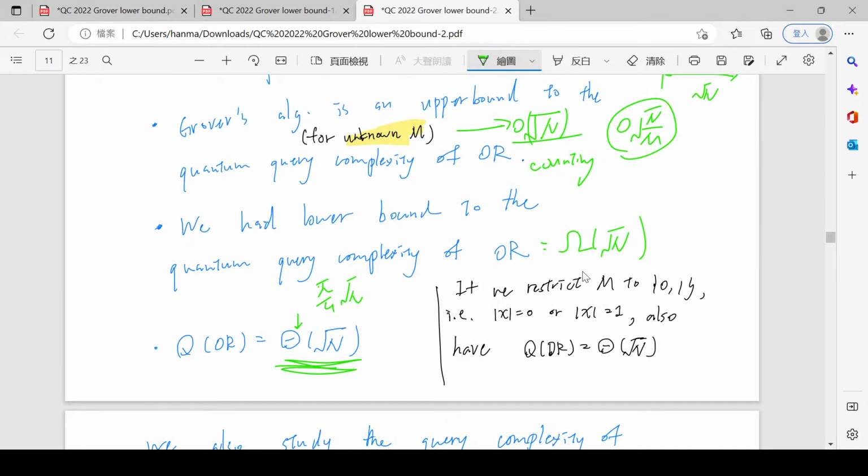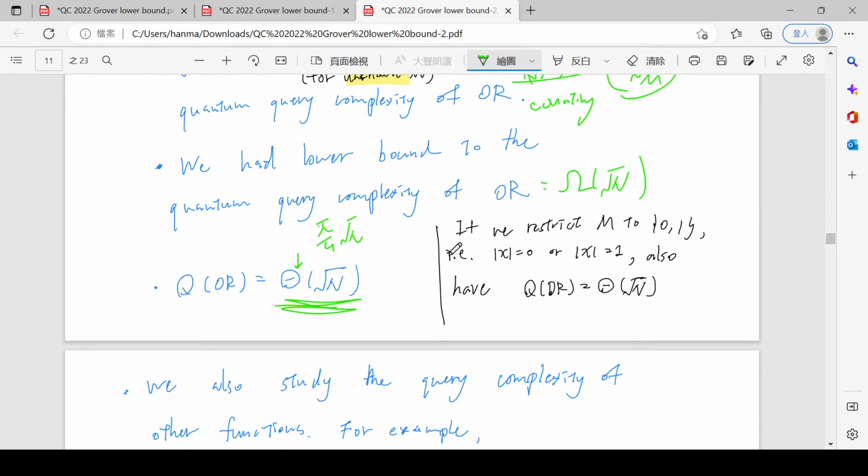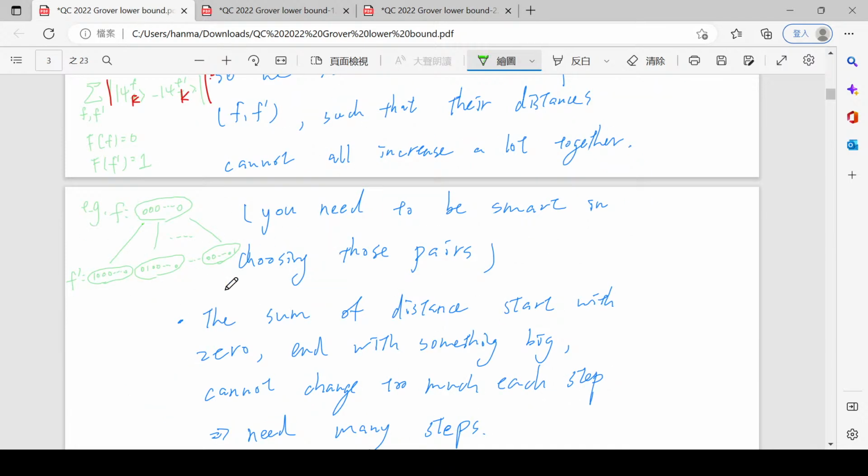If we restrict the number of marked items m to either 0 or 1, or equivalently, if we have an extra promise that the Hamming weight of x is either 0 or 1, then we also have an upper bound and a lower bound. The lower bound doesn't change because our lower bound just uses this set. So our lower bound already says that with this extra promise, this is hard.